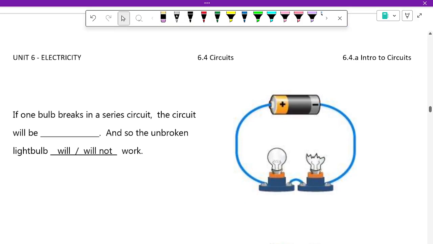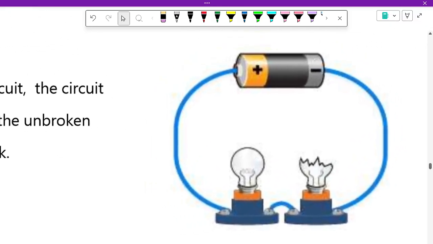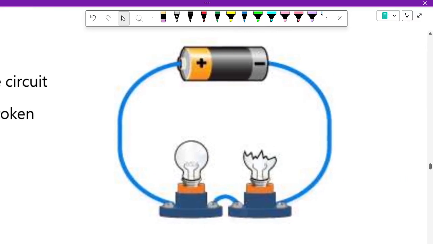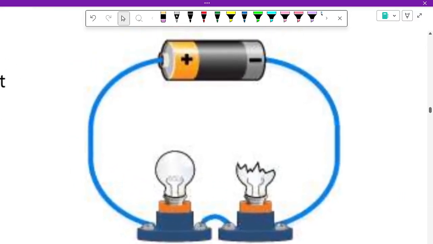So there we are. Now, series is convenient. It's super easy. But let's imagine that we have one light bulb that is broken in a series circuit. You can see here's our little light bulb. This didn't come through very well, but the wire goes all the way through the light bulb.